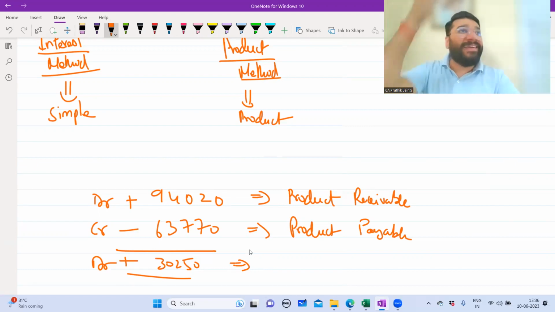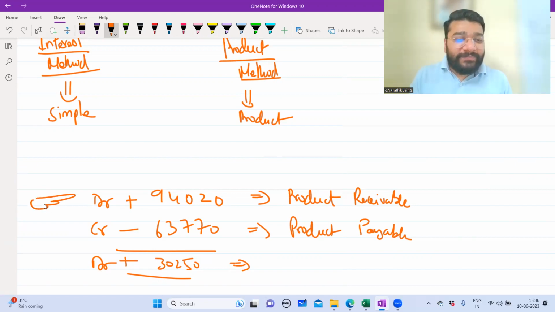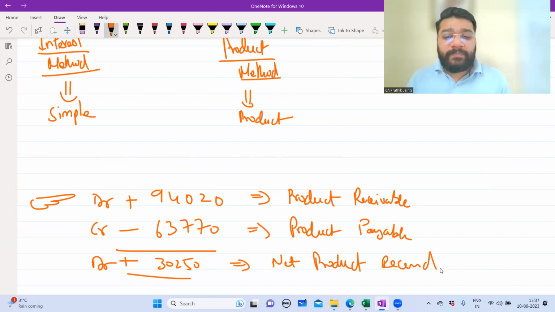Receivable. See, payable they're saying. Look at them. Which is more? Receivable is more. You guys go to first hand, I'm telling you. Which is big, which is small, still you're not able to identify. Receivable is more. So what will be the net amount? Net product receivable.